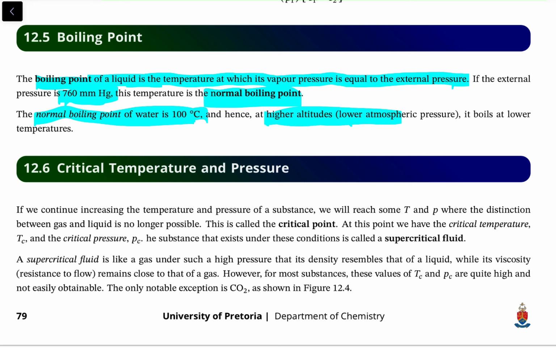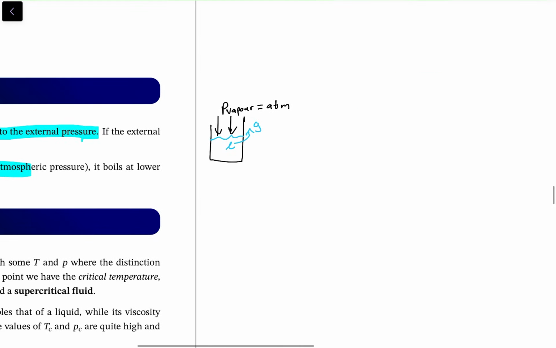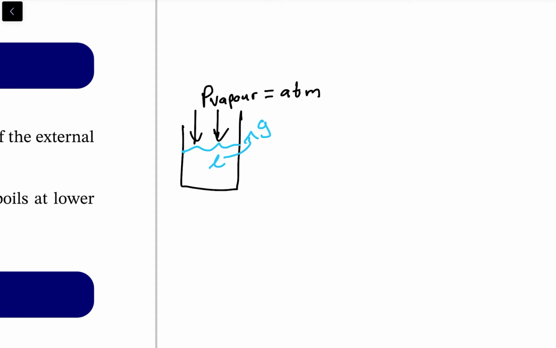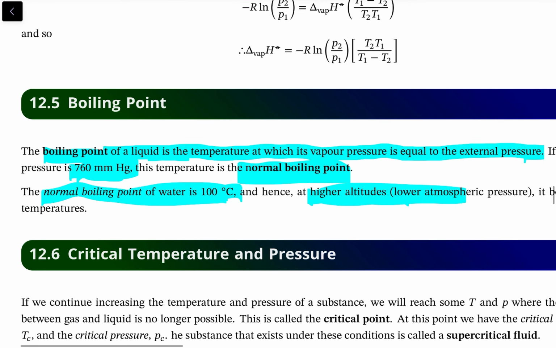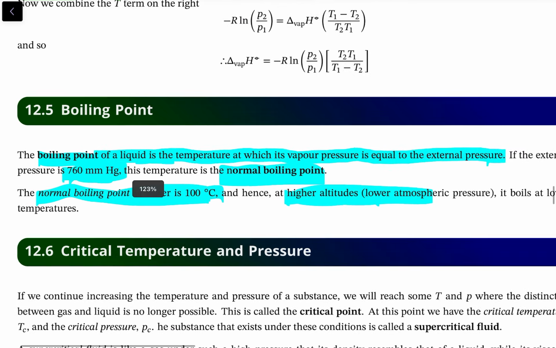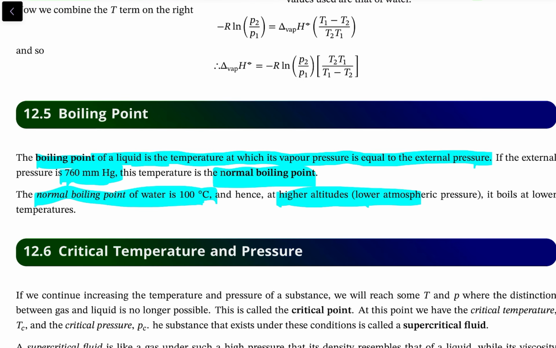Meaning the lower your pressure, the less energy or the less pressure your liquid needs to overcome to go into the gaseous phase. And hence, that's why your boiling point varies depending on the external pressure that is applied.